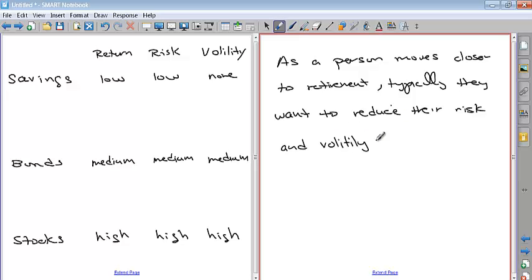So they want to reduce their risk and volatility, and hence will accept lower return.